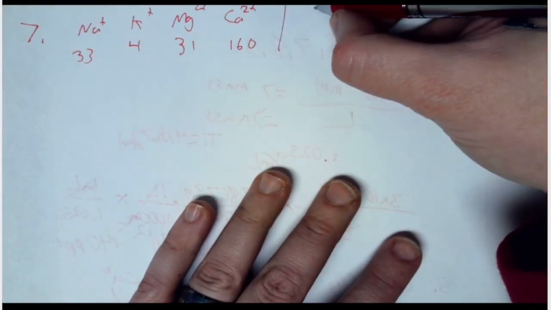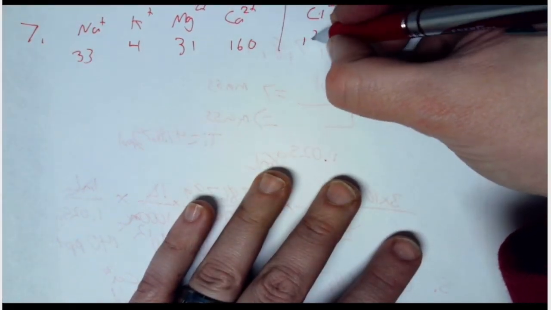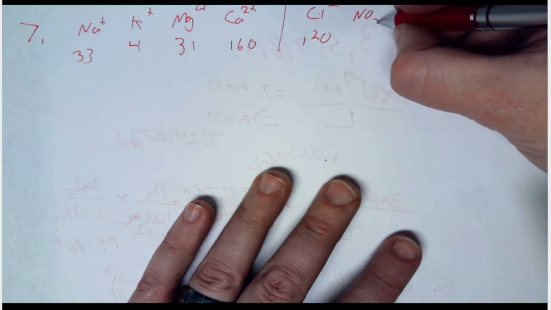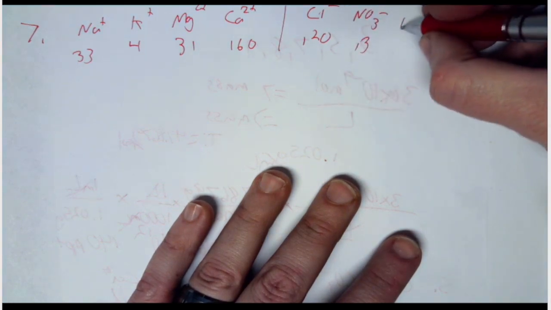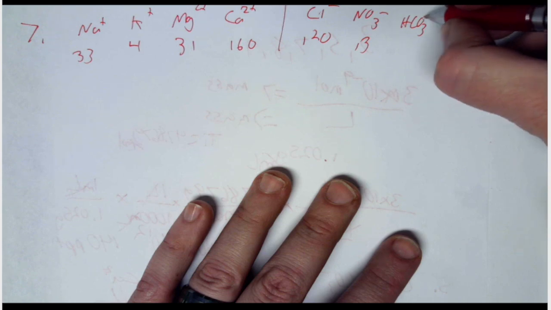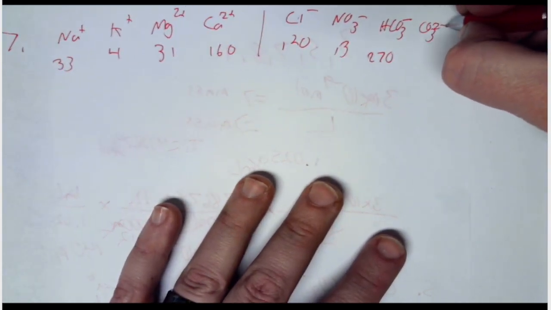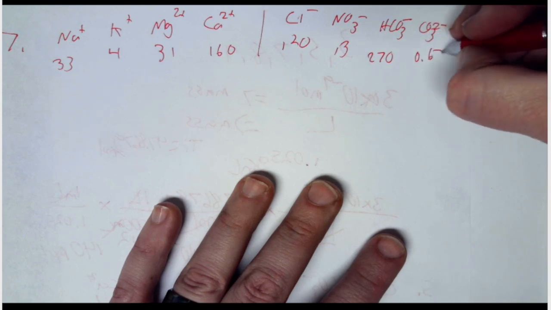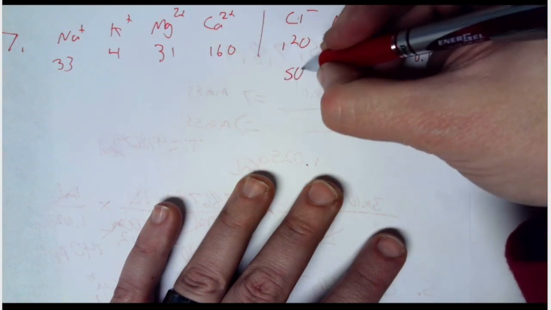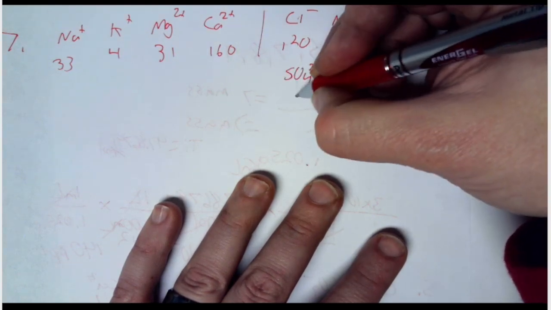Then on the other side, chloride, which is 120. Nitrate, which is 13. Hydrogen carbonate, 270. Carbonate, 0.67, and sulfate, 11. Compare the concentration of the total positive and negative charges in the solution. Assume the difference is due to hydronium or hydroxyl ion and calculate the pH.